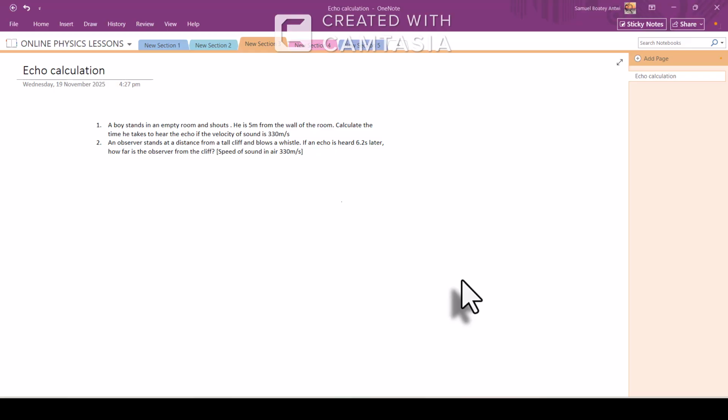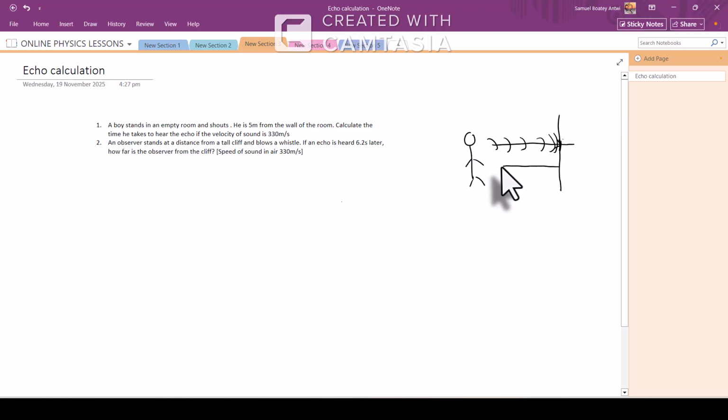So if we have a sound barrier up here, and an individual here that produces sound, the sound travels in this direction, encounters the obstacle, and then comes back this way. This is a barrier. This is for the sake of demonstration.